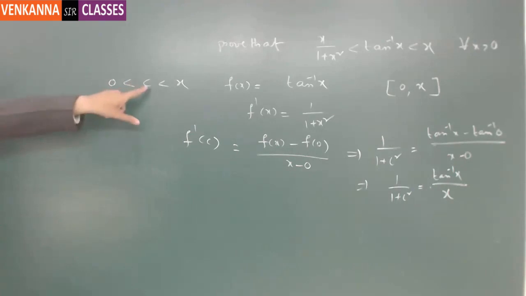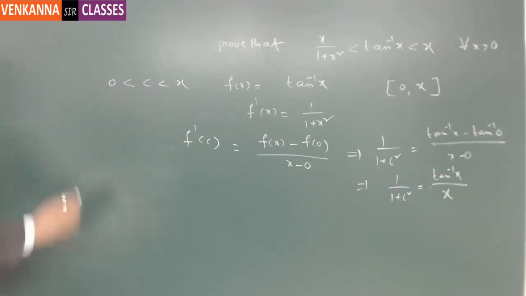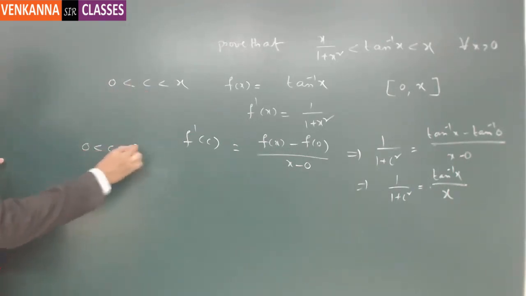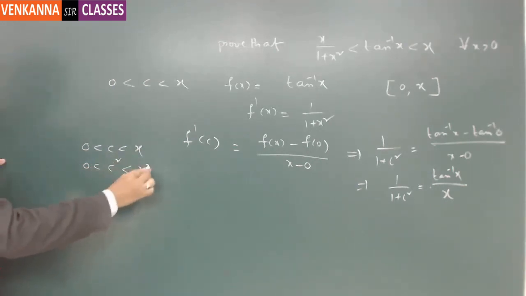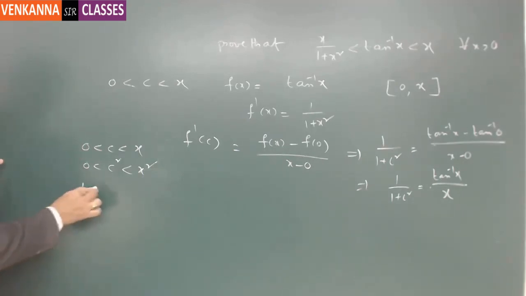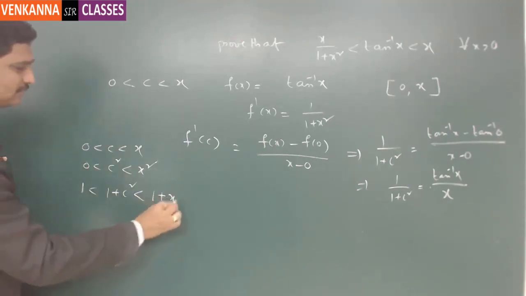Then let us take the same inequality again here. So 0 less than c less than x, squaring on both sides, 0 less than c square less than x square. Then you have 1 less than 1 plus c square is less than 1 plus x square.